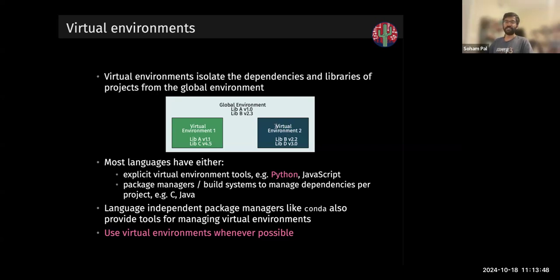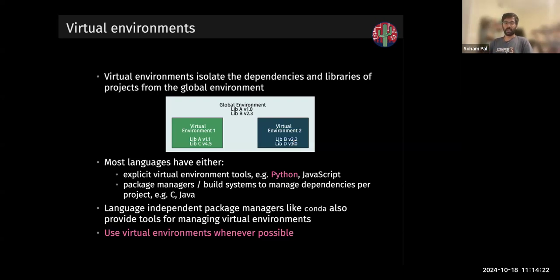So this virtual environment will not be able to access the libraries A and C from the other one, and similarly, this one will not be able to access the libraries B and D from this one. And likewise, the external environment will not be able to access any of those libraries from those virtual environments.